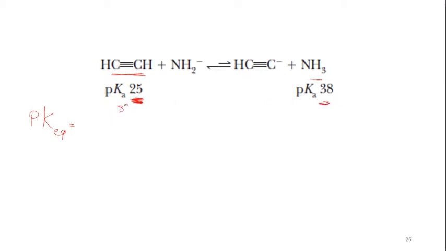This means this is stronger, and my reaction would favor moving to the right direction, because we said that the reaction would favor the dissociation of my strong acid. My pK equilibrium would be equal to the acid minus the conjugate acid, giving me minus 13. My K equilibrium would be equal to 10 to the power minus 13.